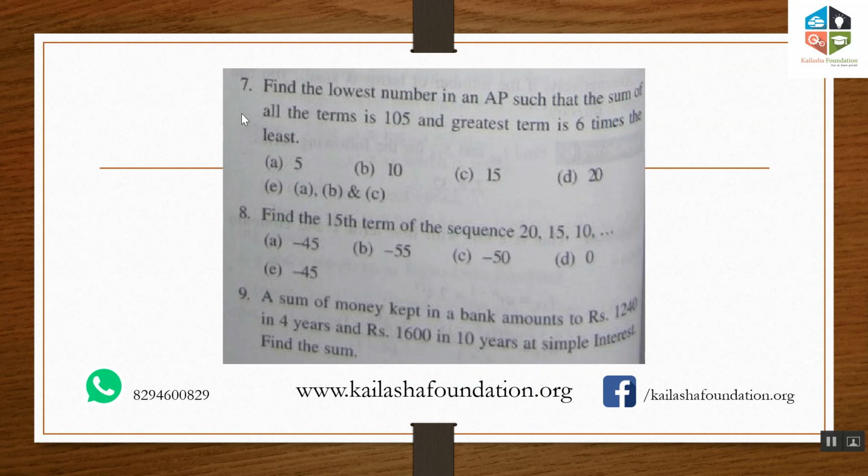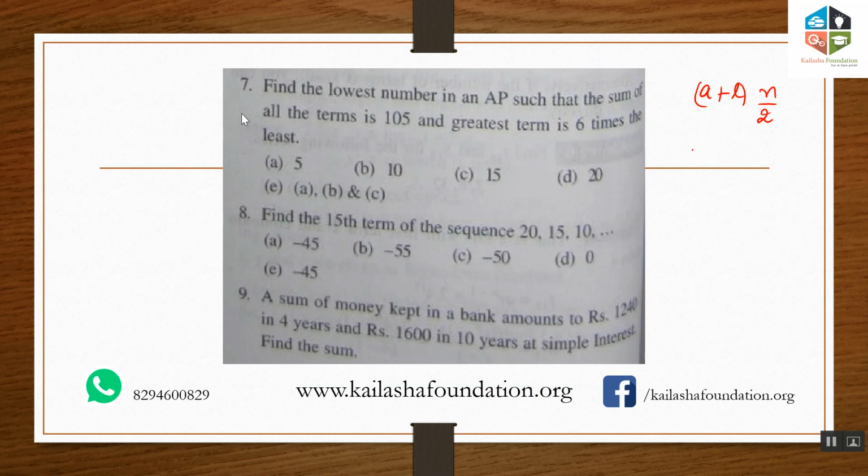We can look at this question in two ways. Lowest number of terms. So (A plus L) into n by 2 is the formula. Greatest term is 6 times the least.